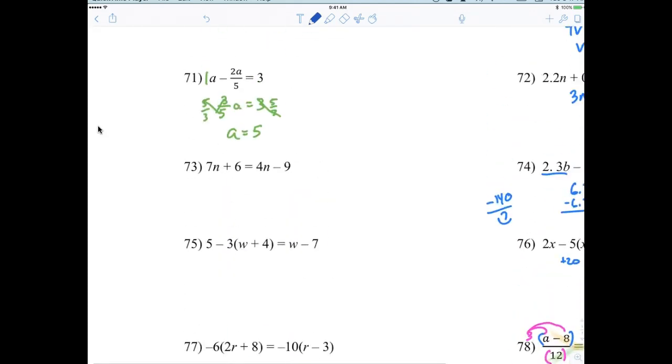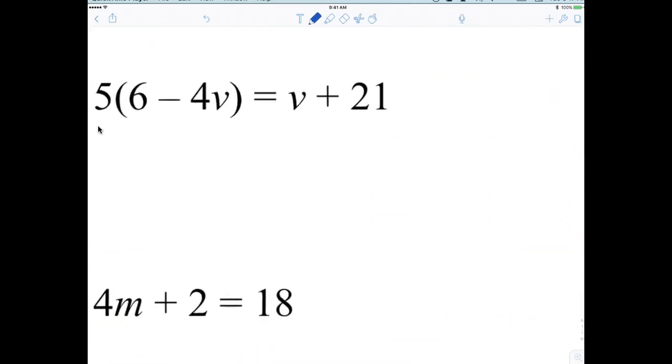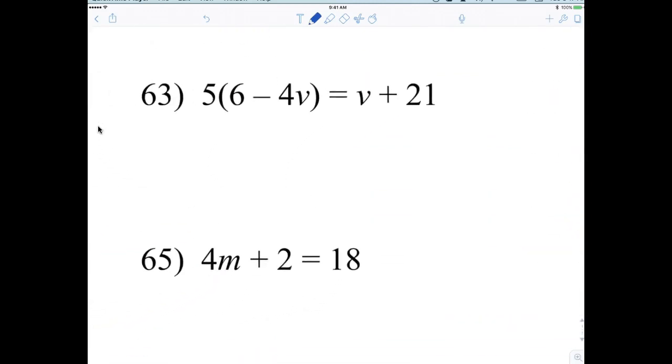63, let's take a look at 63. Here we just have a distributive property, 30 minus 20v equals v plus 21. 21v equals 9.